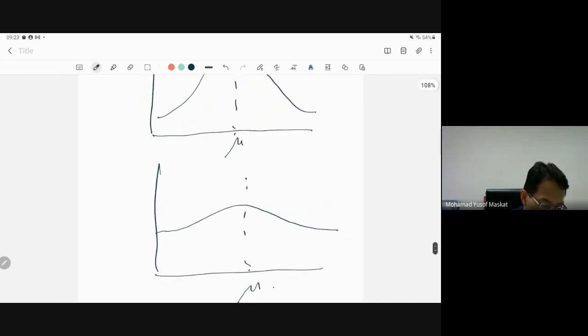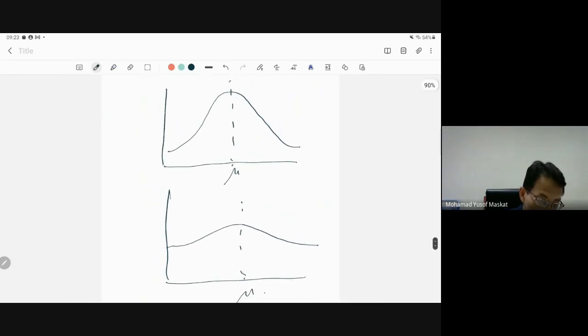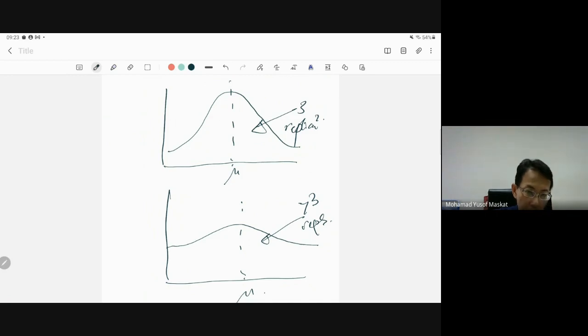If you were to compare these two, for this one you take 3 replications. For this one, more or less replications. You have to take more than 3 reps, because the heterogeneity is larger.